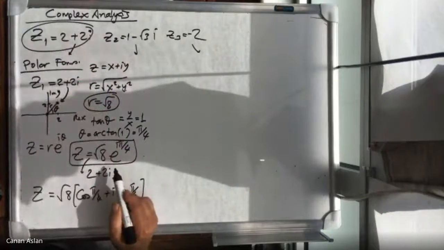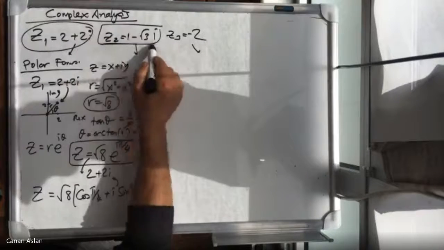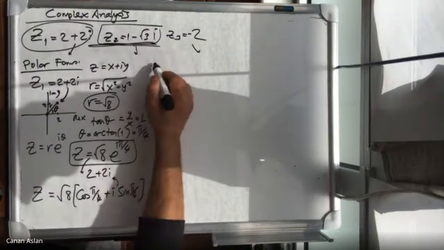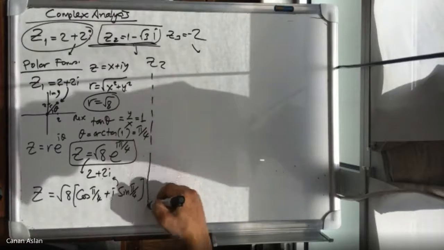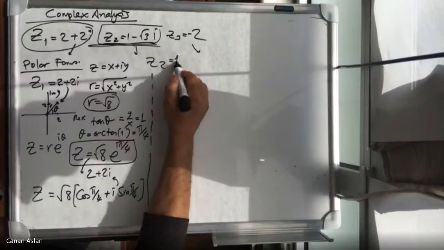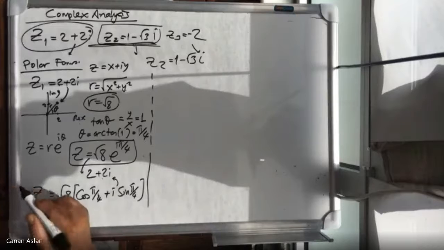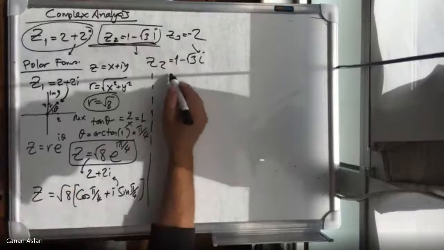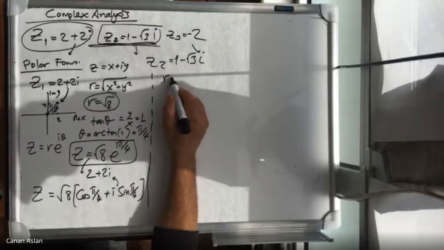Now let's look at Z2. Z2 is 1 minus square root of 3 i. We would like to get the radius, or just this length.